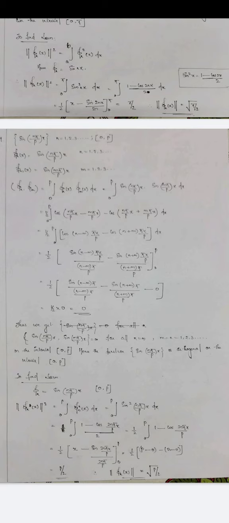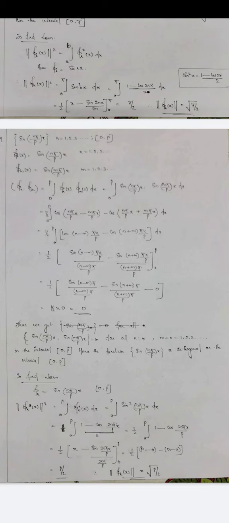So we get cos((n minus m)πx/p) minus cos((n plus m)πx/p) dx. Integrating, we get half times [sin((n minus m)πx/p) divided by (n minus m)π/p, minus sin((n plus m)πx/p) divided by (n plus m)π/p], from 0 to p. The interval is from 0 to p.